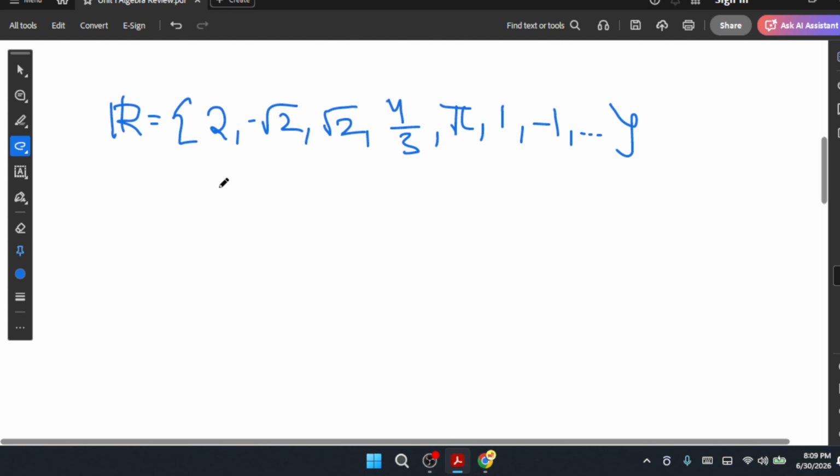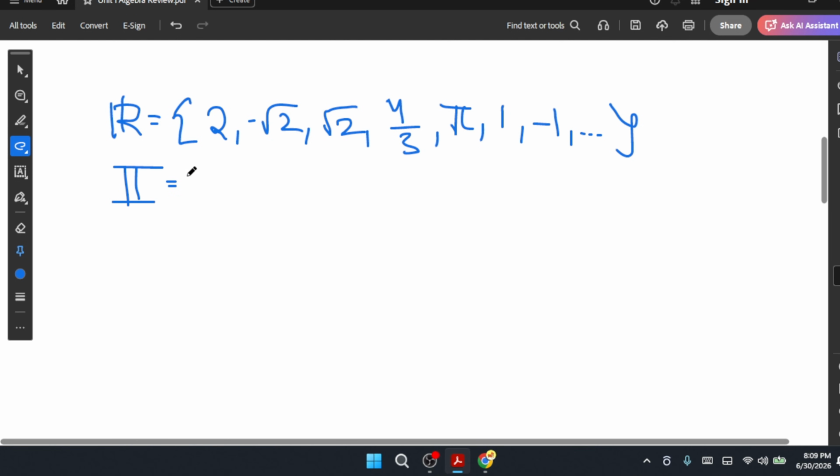And then inside of the real numbers, it's not like it's inside of rational, but it's its own space, which is irrational numbers.